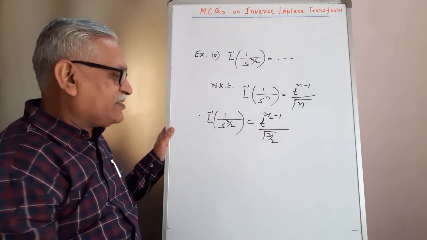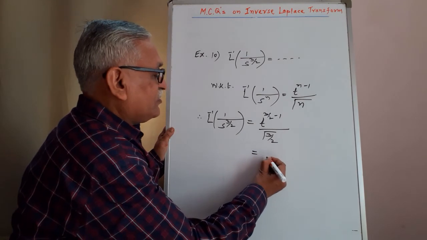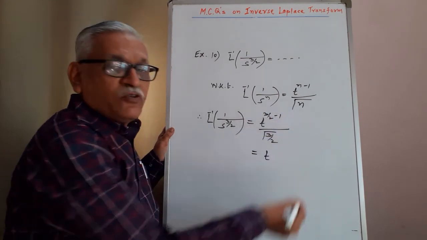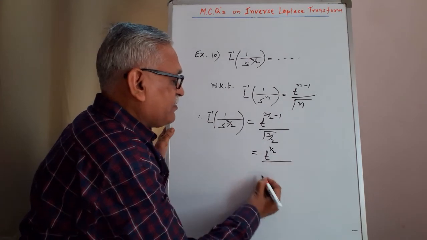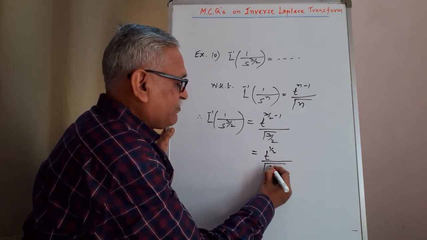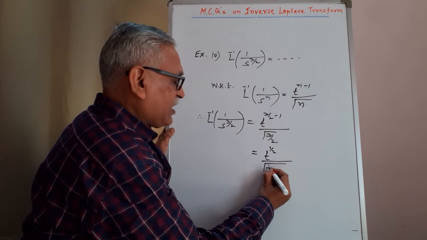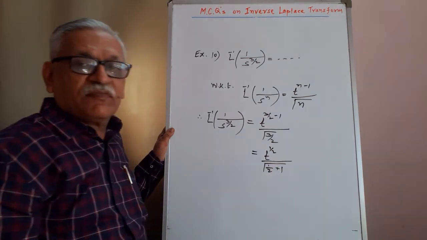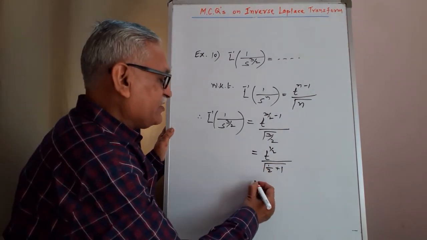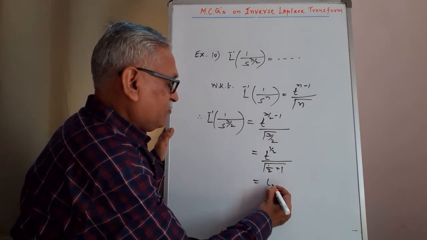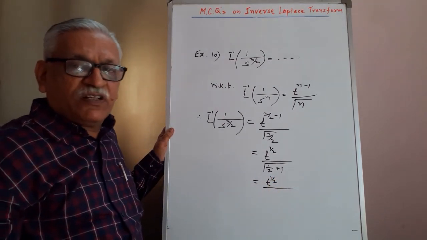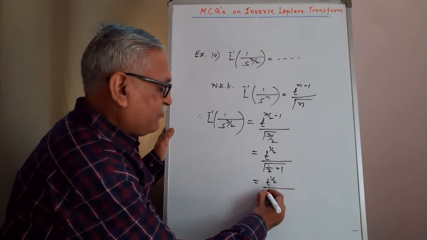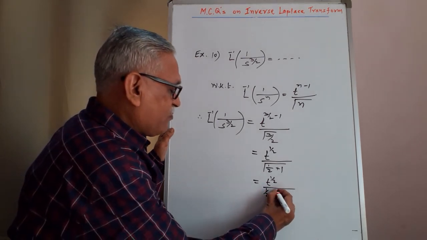Or we can rewrite this as t raised to 3 by 2 minus 1, we get 1 by 2, and gamma 3 by 2 we can rewrite as gamma n plus 1 in the form gamma 1 by 2 plus 1. Applying the standard result, we get t raised to 1 by 2. Gamma n plus 1 is n gamma n, and therefore it is 1 by 2 gamma 1 by 2.